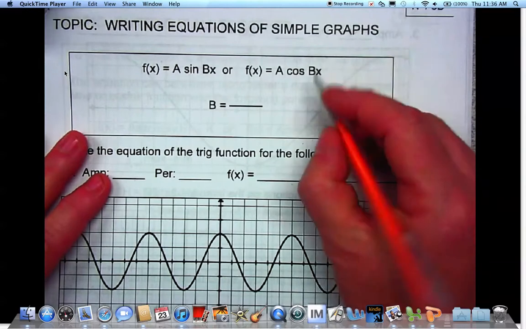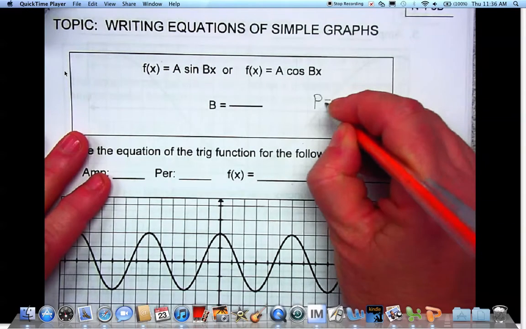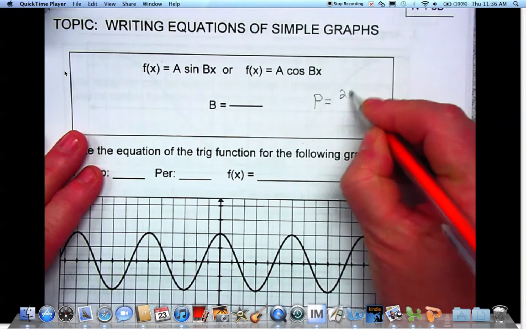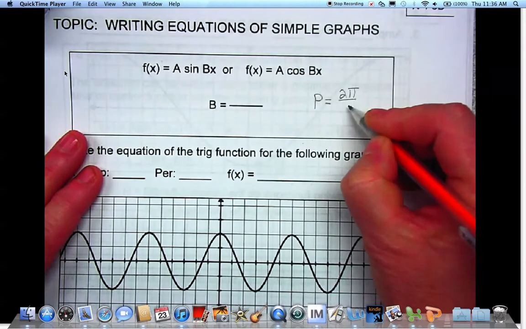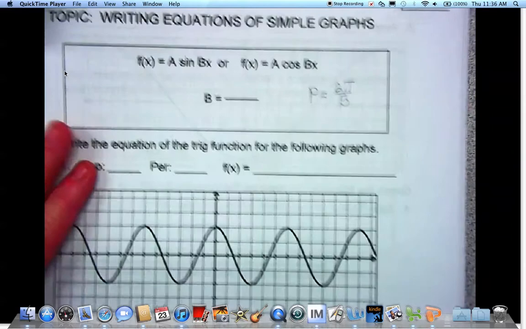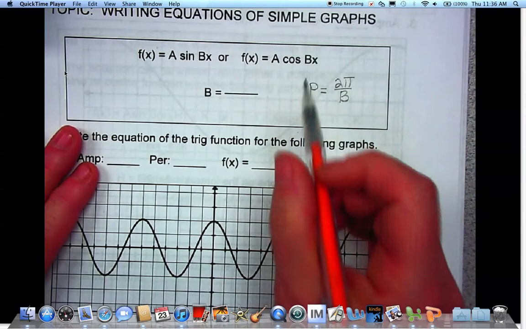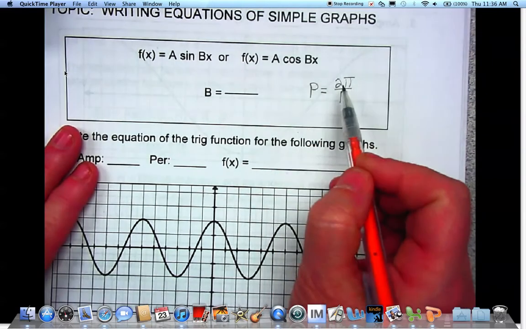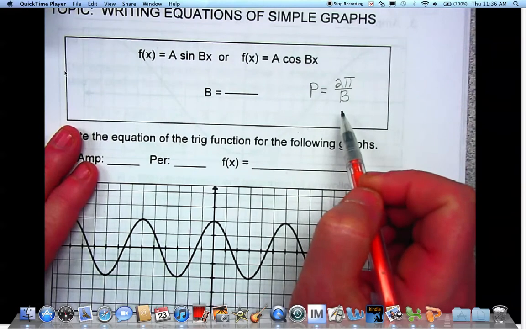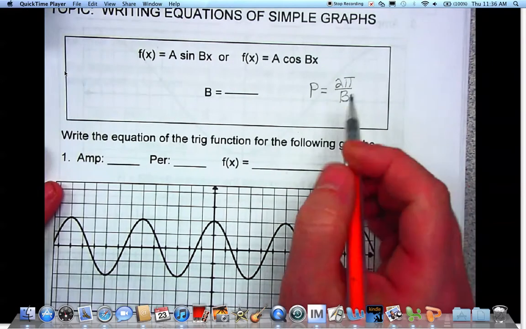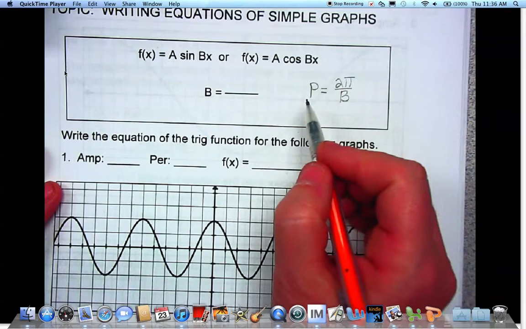We know that the period equals 2 pi divided by what? B. Remember, we take whatever the number is in front of x and put it under here and divide 2 pi by that number. So we need to find b instead of p.